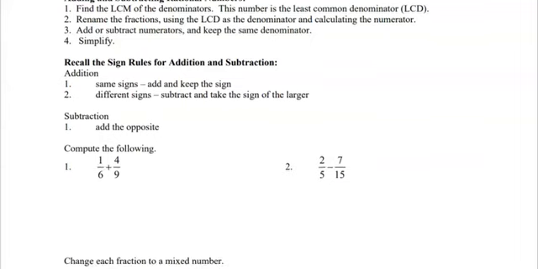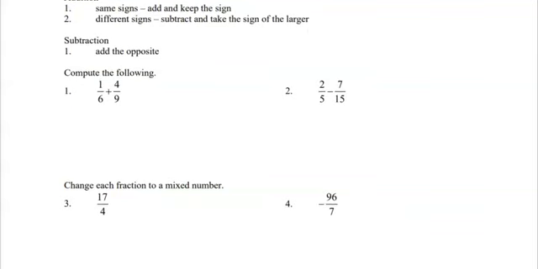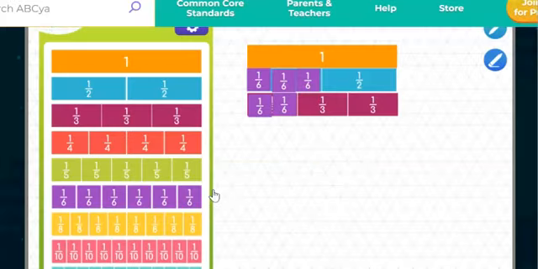So following these steps, let's go into number 1, and this would be after we modeled getting the same size pieces for a while, because if we go back to our manipulatives, a lot of manipulatives are not going to have the 9th on them.